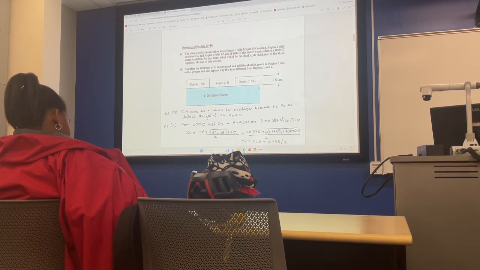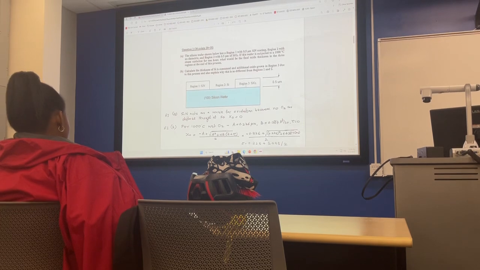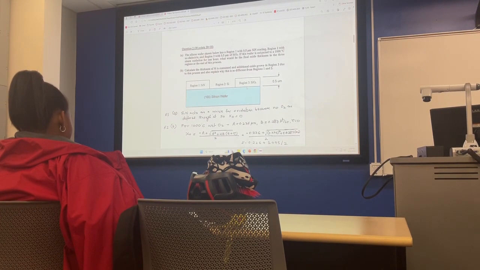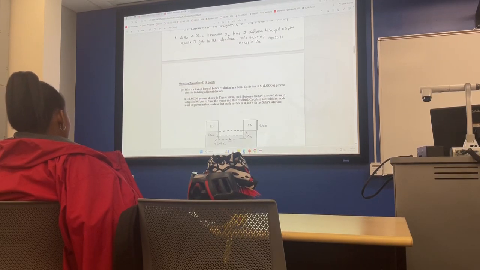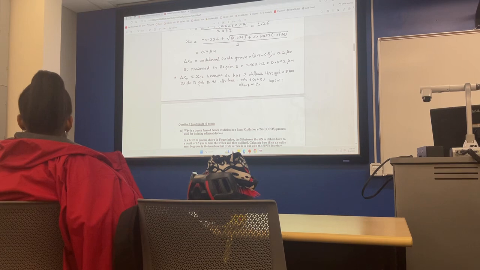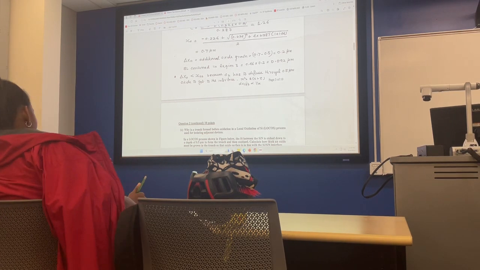So the answer was that when you already have an oxide, the diffusivity decreases, because it takes longer for the oxygen or H2O to get here, and this is what slows down the oxidation rate as the oxide becomes thicker. And if you wanted to do it mathematically, this is a thick oxide, so you are in the parabolic regime.